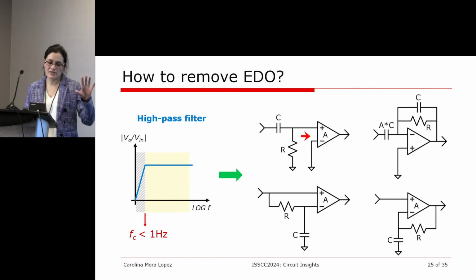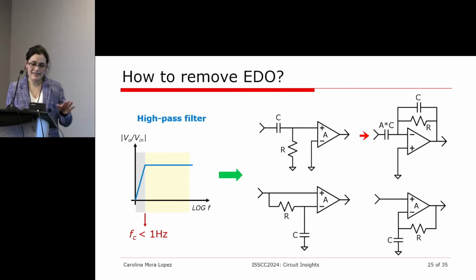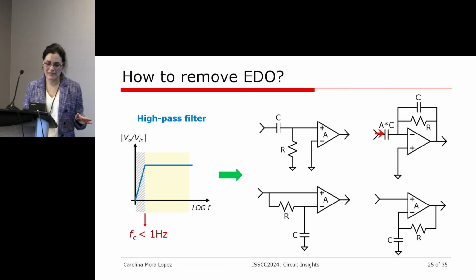This amplification stage can be both closed loop or open loop, but here it is shown open loop. The next example uses an AC coupling, so your capacitor will also be at your input, but here the filter is implemented in the feedback loop of your amplifier instead of before the amplifier. And here the gain will be determined by the ratio of these two capacitors.